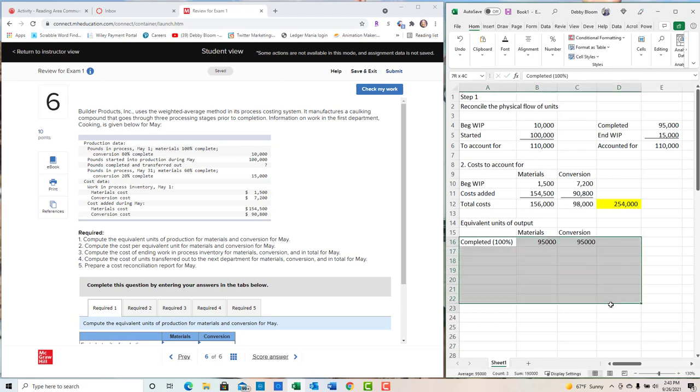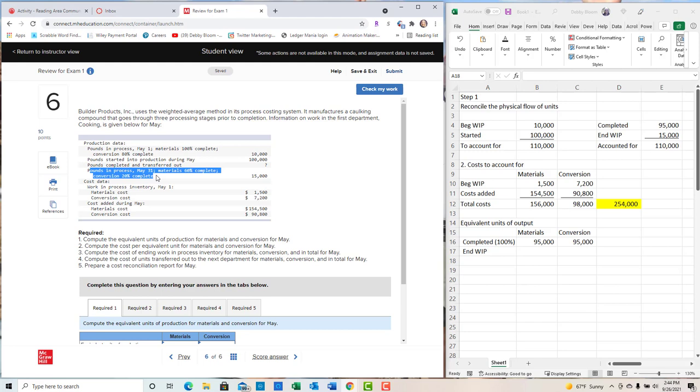Now it's the units in the ending work in process. Those are the ones we have to calculate the equivalent units for. I go back to the problem. For my ending work in process at May 31st, my materials are 60% complete and my conversion costs are 20% complete.